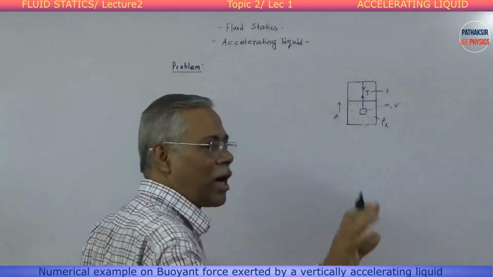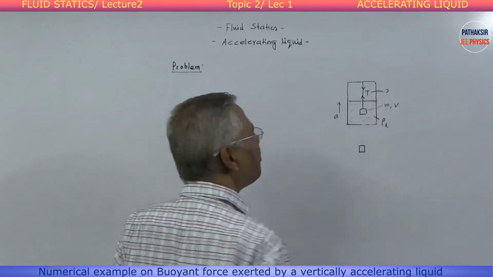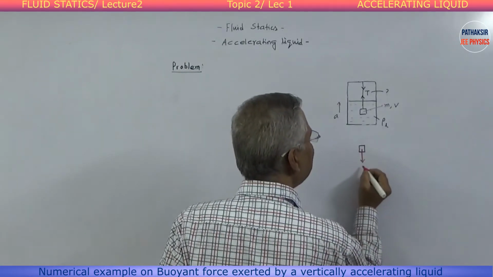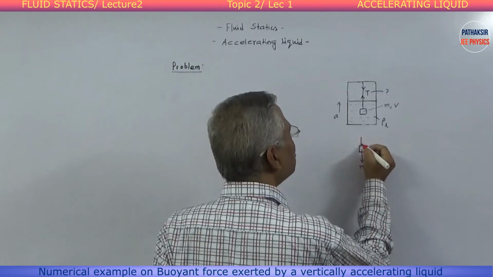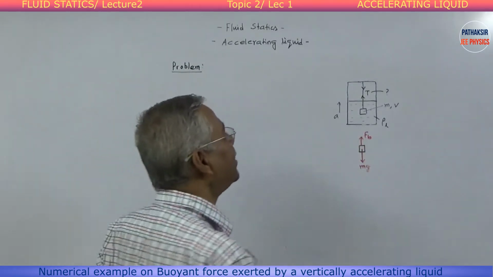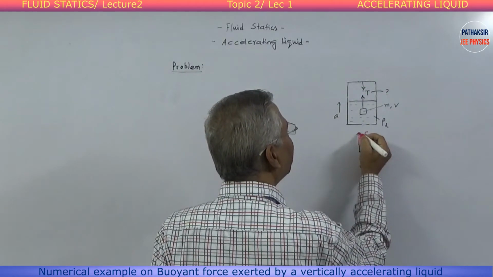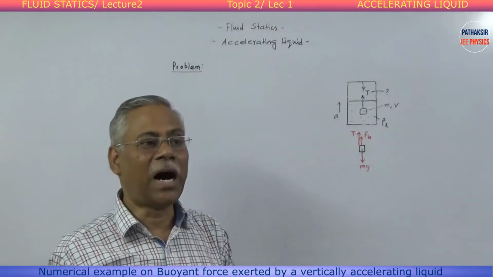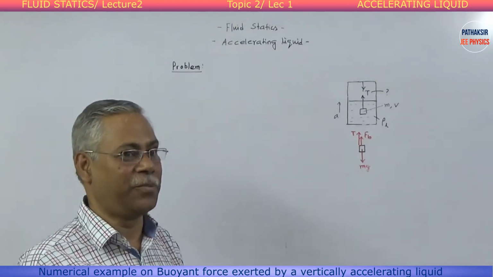First I will draw the free body diagram of the body. The forces are mg, then buoyant force Fb, and the string also exerts a force T. These three are the external forces acting on the body.